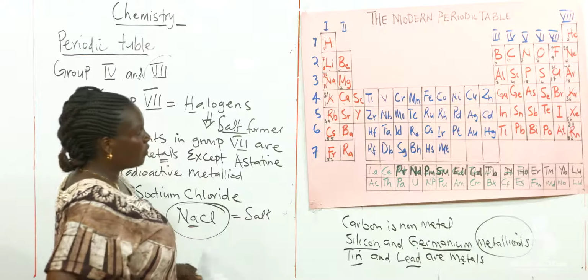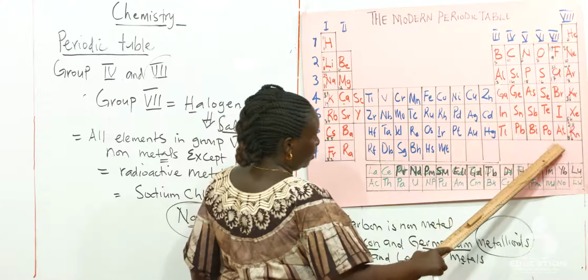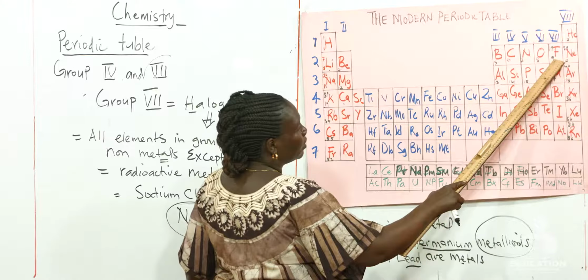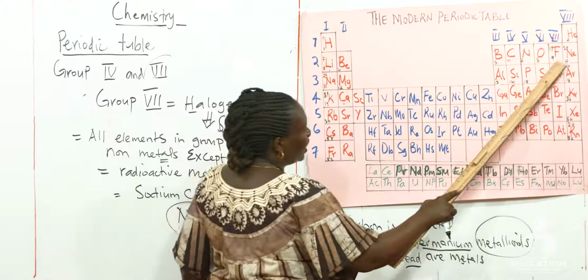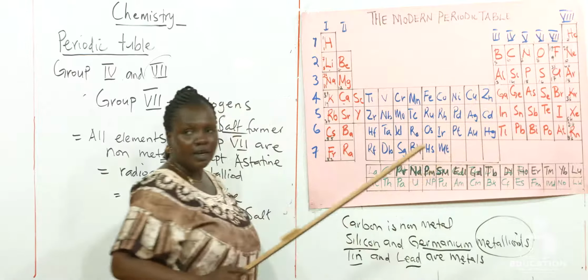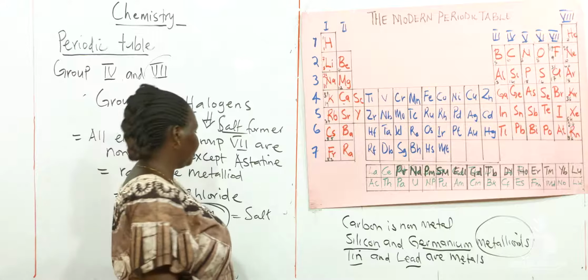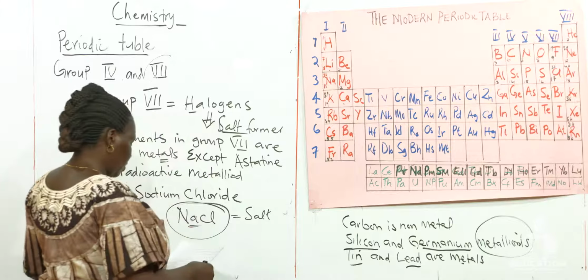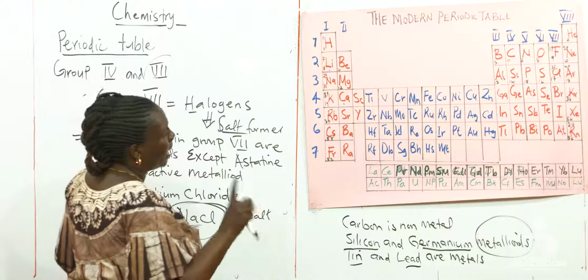Out of the members of group 7, fluorine, the first element in group 7, is the most reactive non-metal. Fluorine is the most reactive of all the halogens in combining with others.